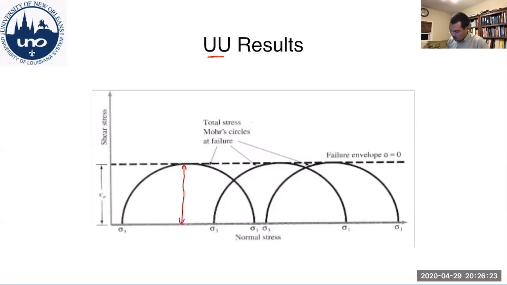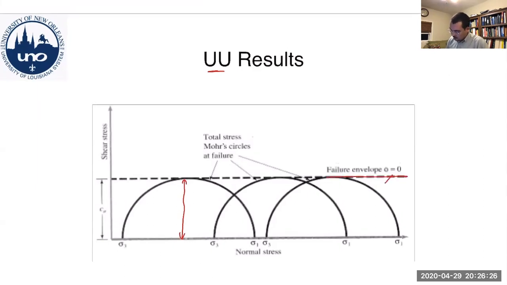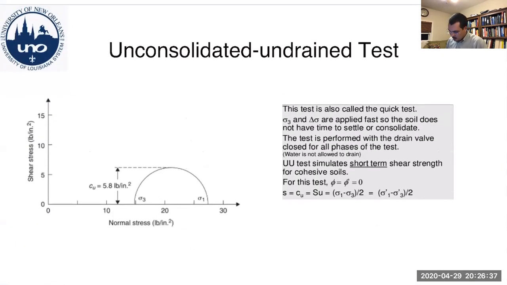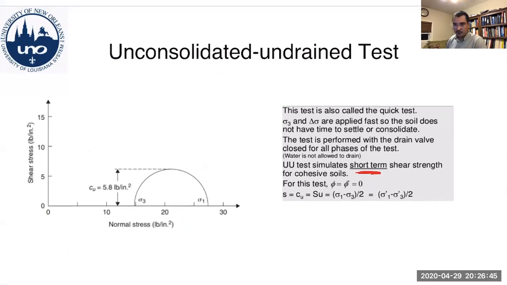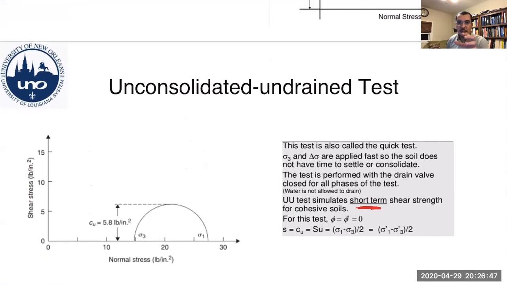And again, this would be your shear strength parameter. This is your phi equals 0 condition, and that's the condition that you get from an unconsolidated, undrained test. Here it says short-term test. I don't want to get too much detail because this is an undergraduate class, but if you remember when we talked about drained versus undrained conditions, let's say you have some cohesive soil and you have your foundation on top of cohesive soils.